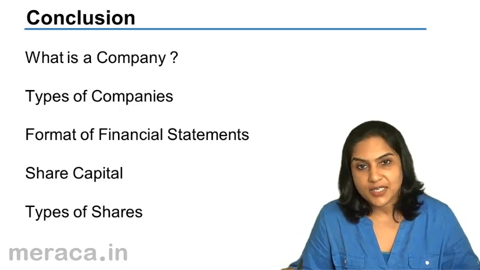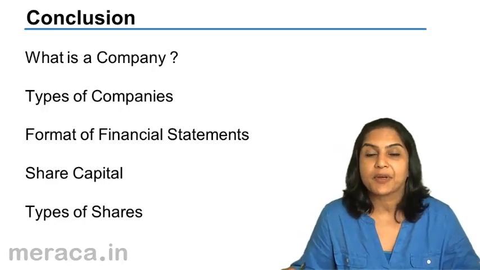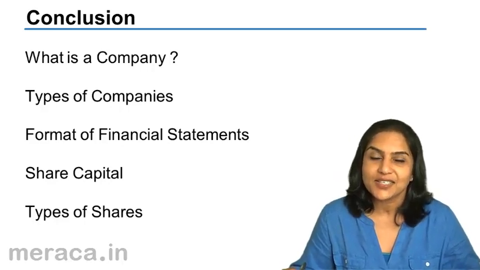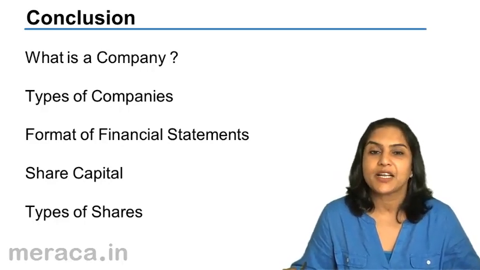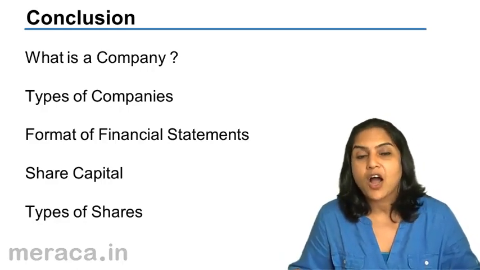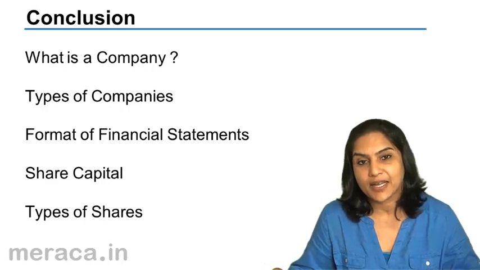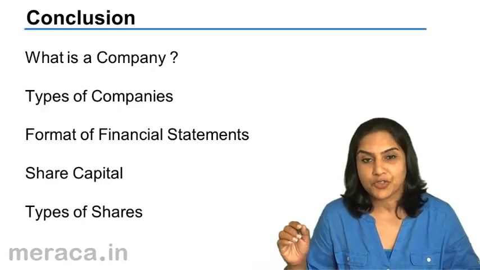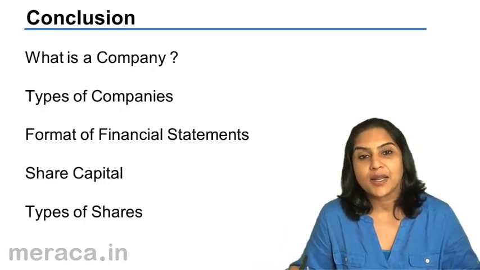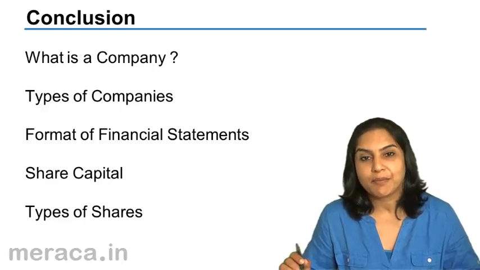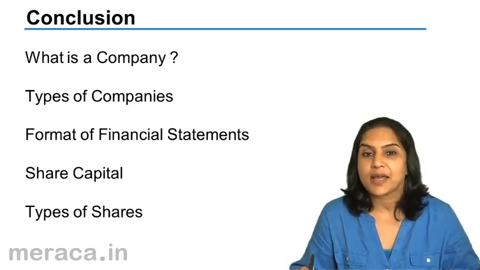We also discussed a foreign company, which is a company which is incorporated outside India with a place of business in India. Similarly, we had a limited liability company, which is what most companies are, and an unlimited liability company where the liability of the shareholders, of the owners, is unlimited, and they would be responsible for the liabilities of the company in the time of winding up.